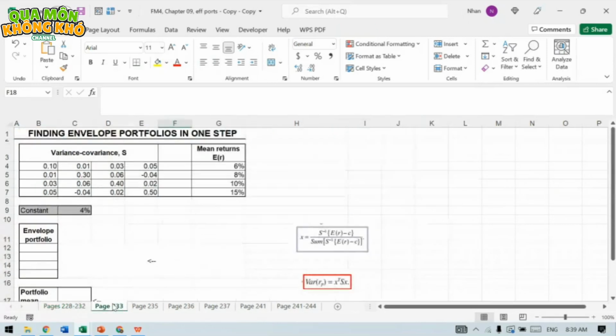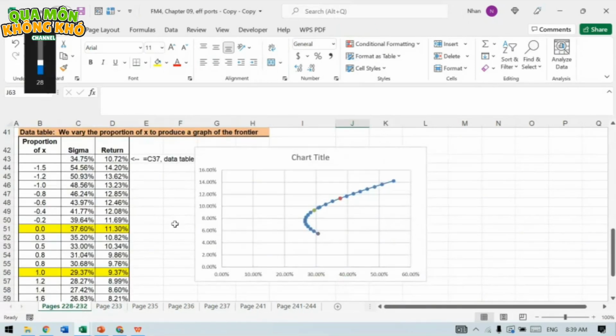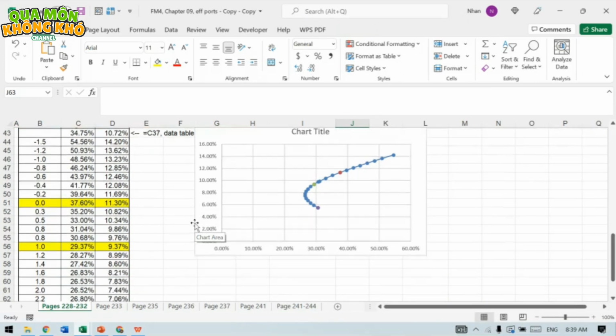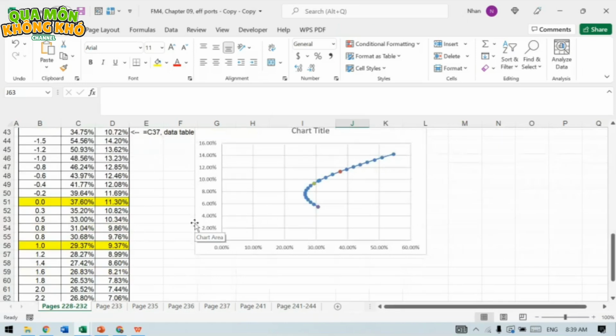Okay, so next, just hold a second. Can you determine the minimum variance portfolio in this envelope? In the previous class, we studied the global minimum variance portfolio in the envelope.